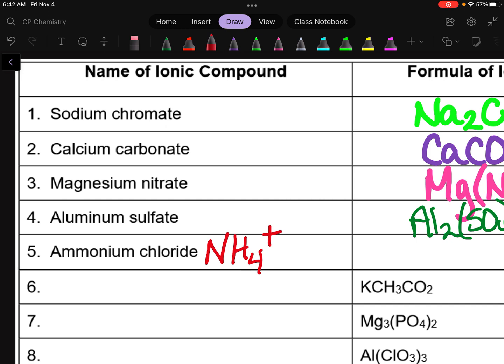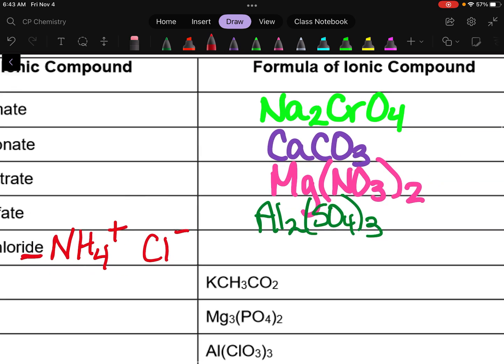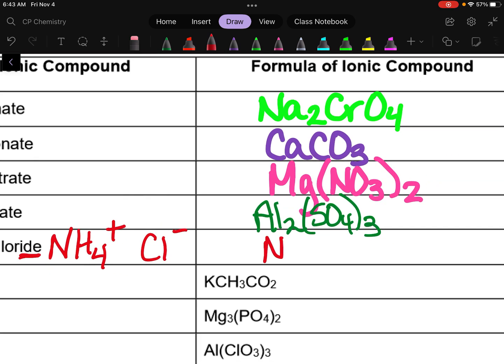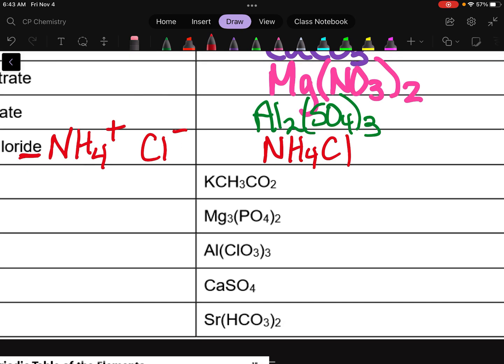Now chloride, that IDE ending, tells us it's a non-metal. So chloride is chlorine with a -1 charge. It's a plus and a minus, so they cancel each other out. So you just need 1 of each. So the formula is NH4Cl.